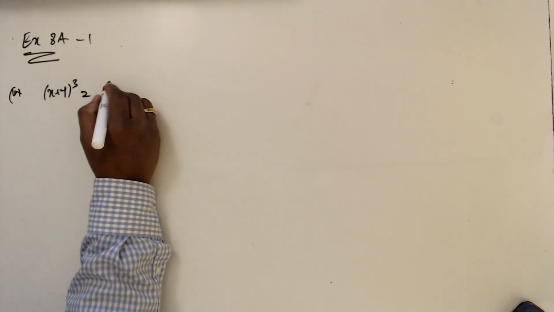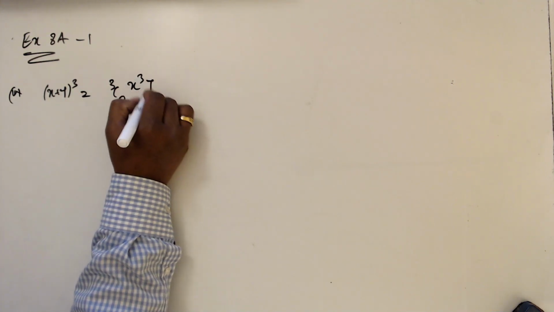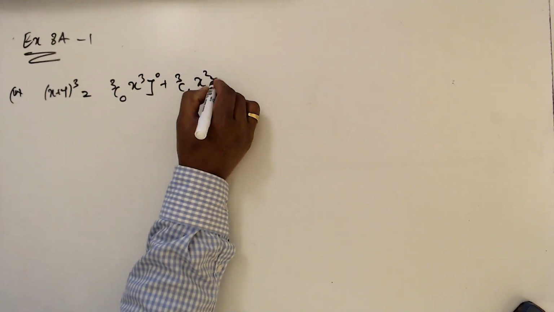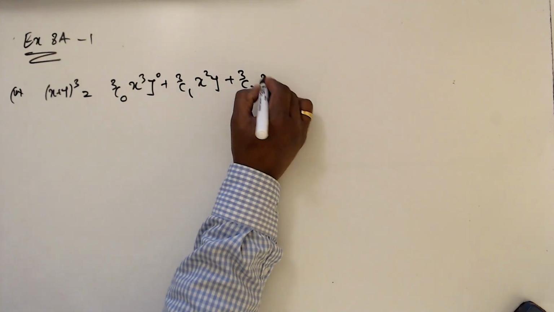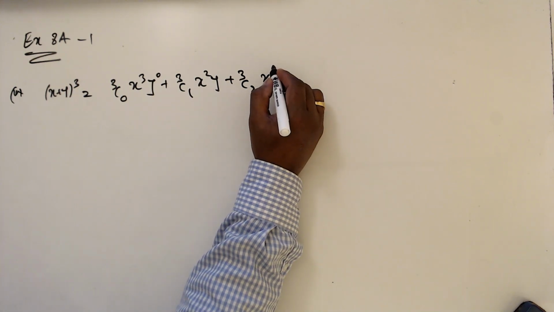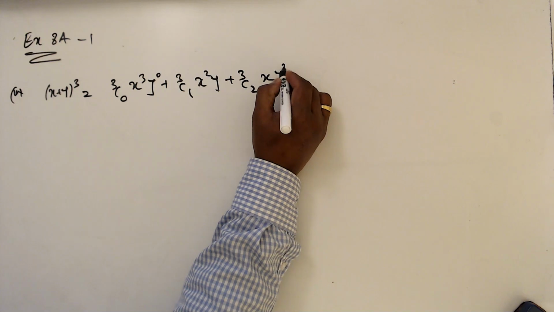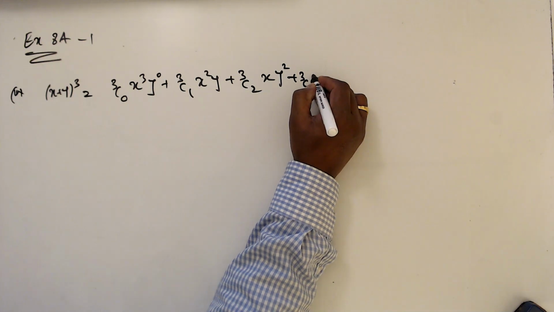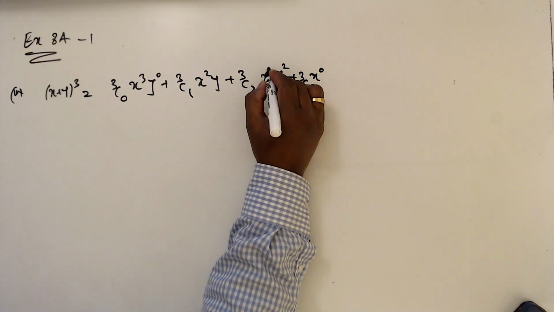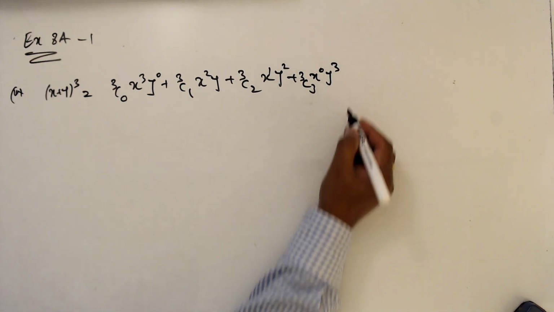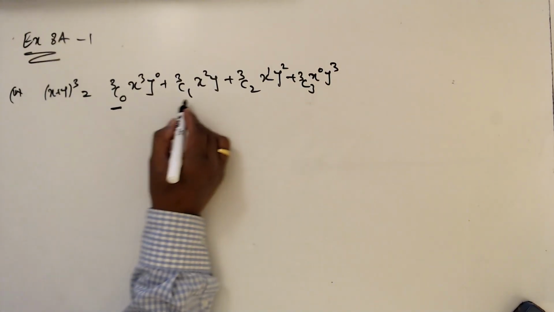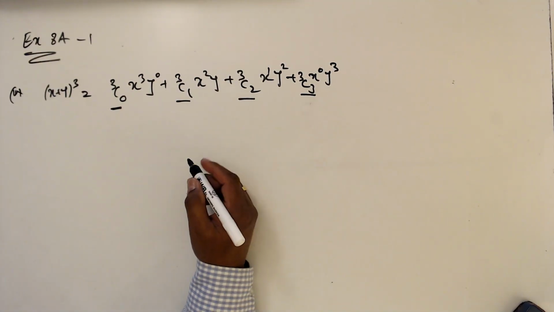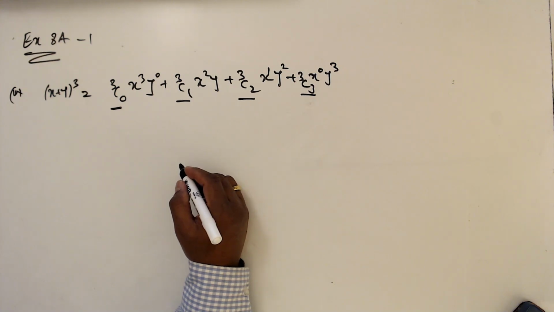When you expand this one, you get 3C0 x^3 y^0, and 3C1 x^2 y, and 3C2 x y^2, and 3C3 x^0 y^3. Now they want to know these values, 3C3, from which row of the Pascal triangle they give.